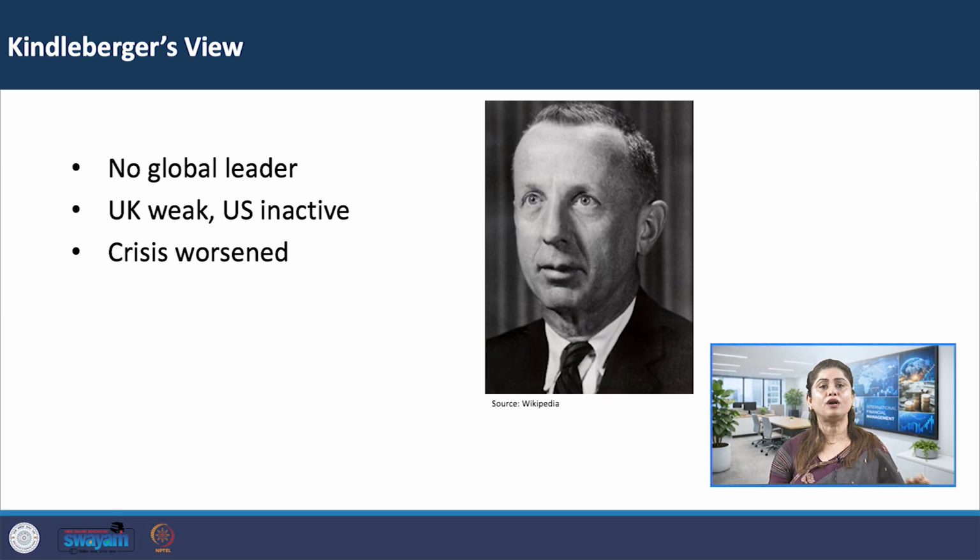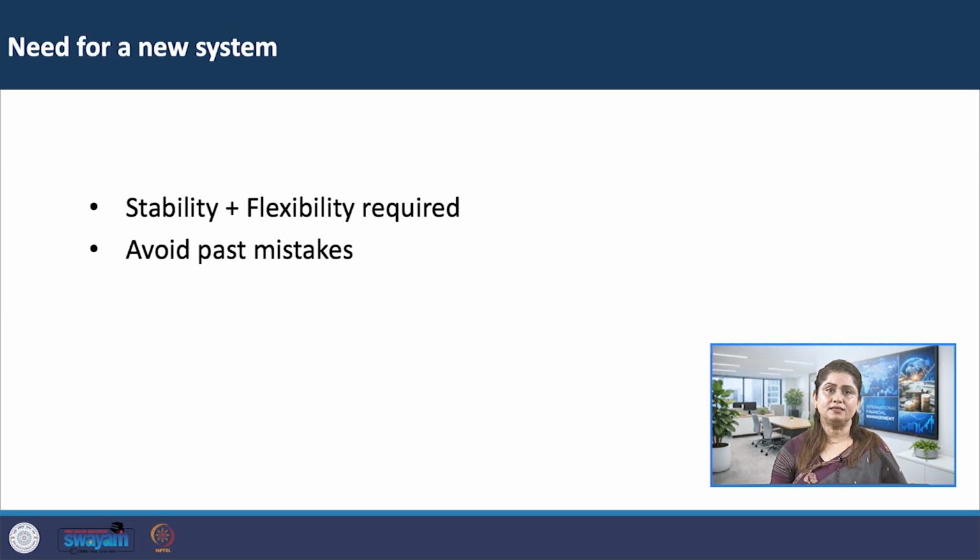So there was no country to stabilize the global economy or the system. Now, after experiencing so much instability, countries realized that they needed a new international monetary system, one that would ensure stability but also allow flexibility.